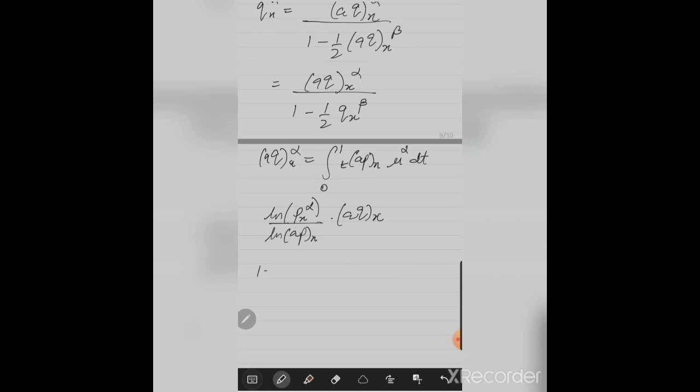So we get 1 minus aqx alpha minus aqx beta raised to the power aqx to the power alpha over aqx to the power alpha plus aqx to the power beta.